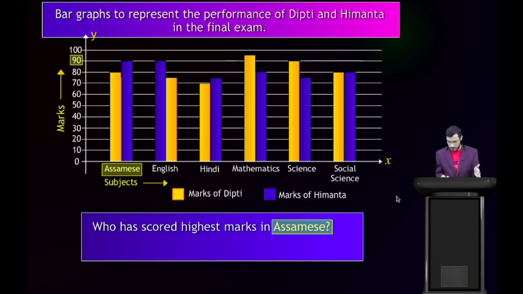Can you tell me? You can see the bars here, Assamese subject. Marks of Himanta, the blue bar, and marks of Dipti, the yellow bar here. So we can find out the answer easily. Who has scored highest marks in Assamese? Himanta.